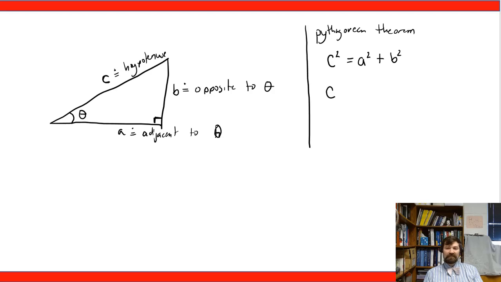Okay, that's another way of saying that c is equal to the square root of a squared plus b squared. This is not the same thing. I'm going to go ahead and write this out now. This is absolutely not the same thing as just a plus b. Okay, c squared is a squared plus b squared. C is square root of a squared plus b squared. It is not the sum of a and b.